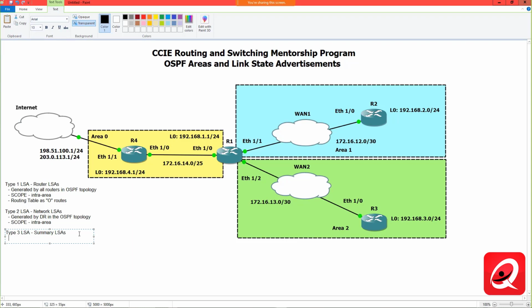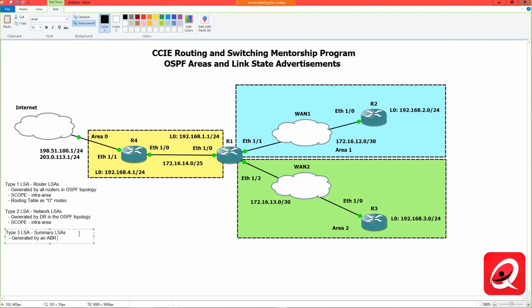So this is going to be generated by an ABR, Area Border Router. We're generating these Type 3 LSAs across into other areas that represent the Type 1 LSAs that are coming from an area.